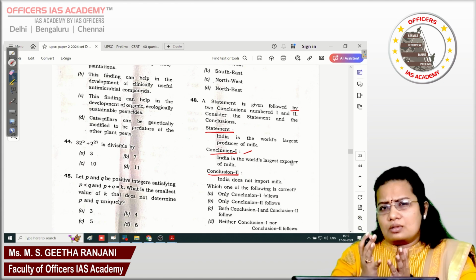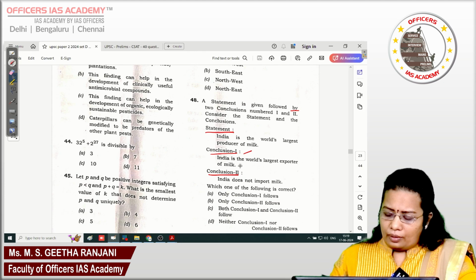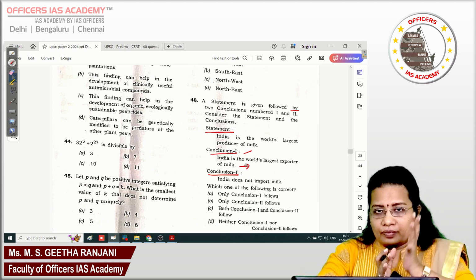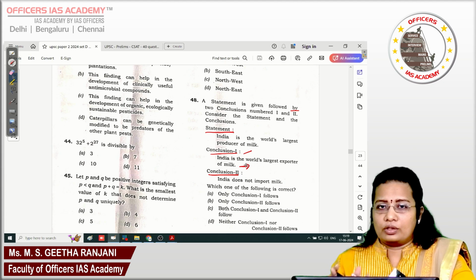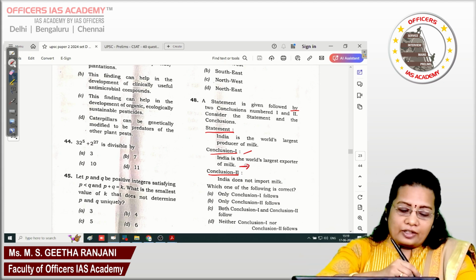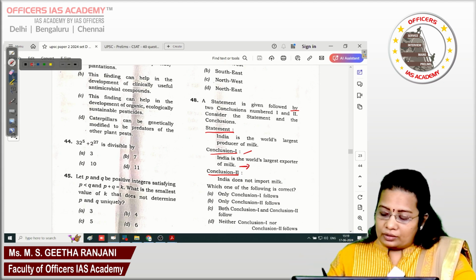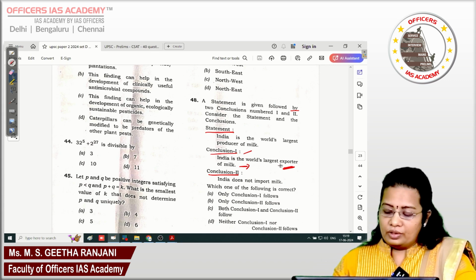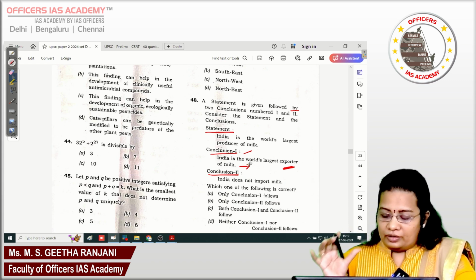It is not necessarily true. Because suppose the largest production of the country is essential for the basic needs inside the country, then the exporting is not going to take place. So it is not necessarily true.